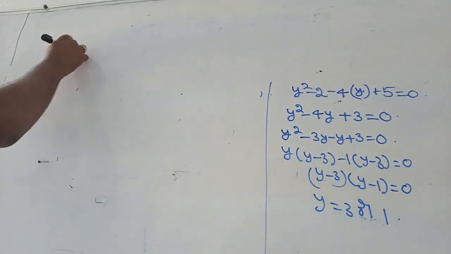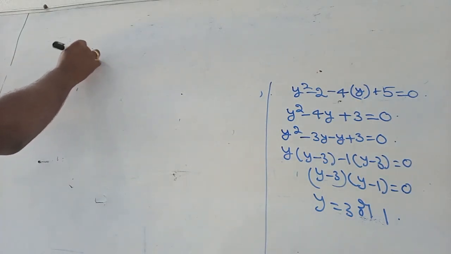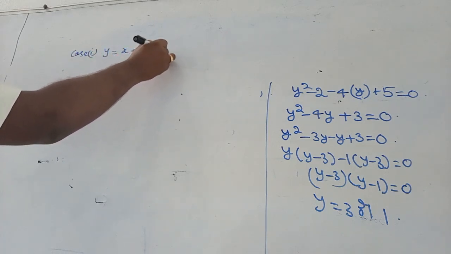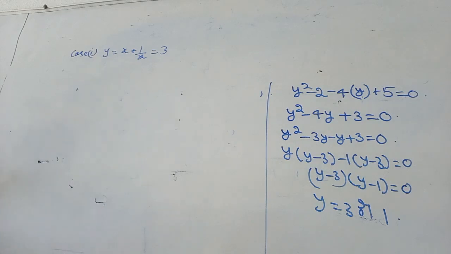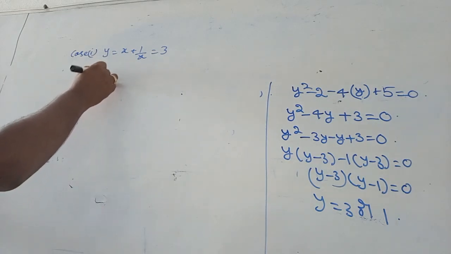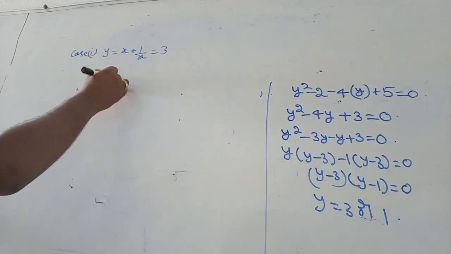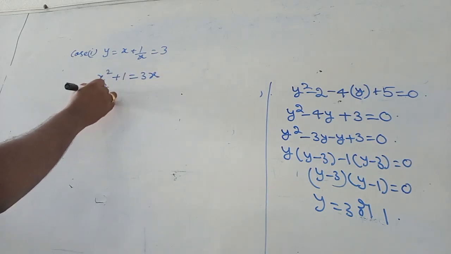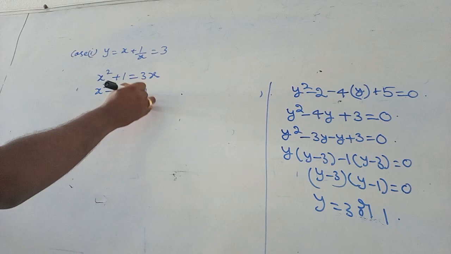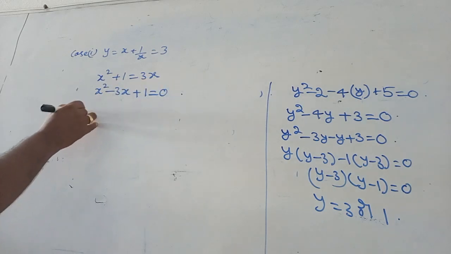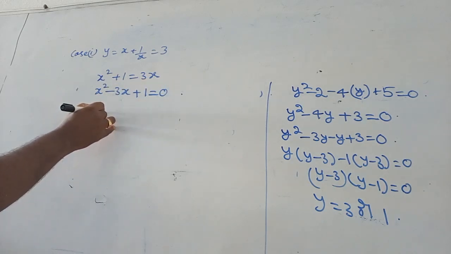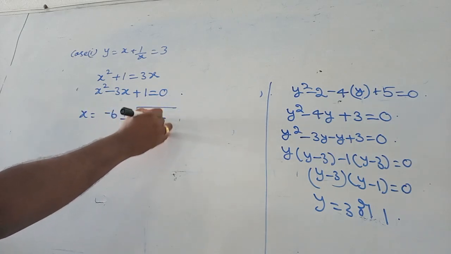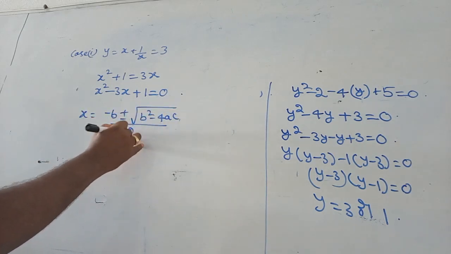Now case 1, we take y is equal to x plus 1 by x is equal to 3. In this case, by taking LCM, x square plus 1 is equal to 3x, we will get x square minus 3x plus 1 is equal to 0, and the roots are given by minus b plus or minus square root of b square minus 4ac whole by 2a.